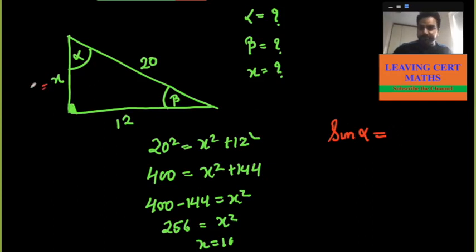Opposite over hypotenuse. So is that 16 over 20? Is it opposite 16? See, when we are saying opposite, it means with respect to that angle. 16 is opposite with respect to beta, not alpha. With respect to alpha, this is your opposite. You understand?